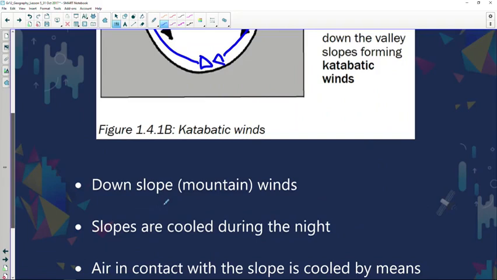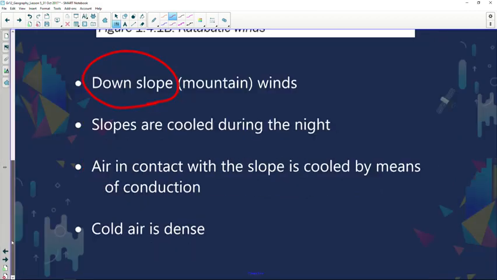Now, if you look at some of the characteristics, like I've mentioned, is downslope winds. The reason why is because cold air sinks to the bottom through the means of conduction. Obviously by now you should know, we've learned it in the previous section, cold air is denser, so we can actually say it's heavier.